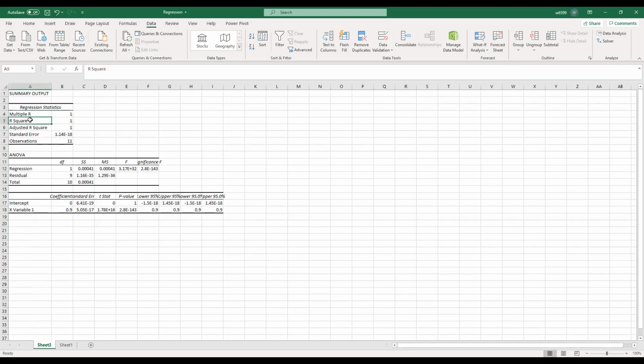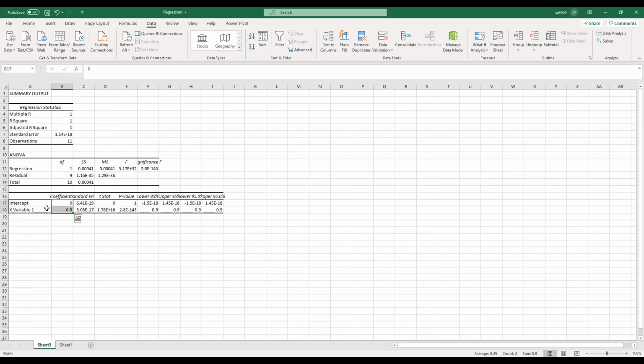The R square shows how accurately the lagged inflation, the previous quarter's inflation, predicts the future British pound and exchange rate movement. One basically means a perfect prediction, which is 100%.